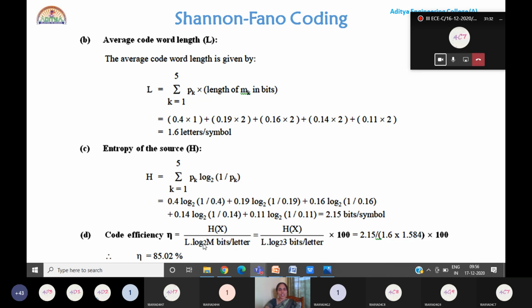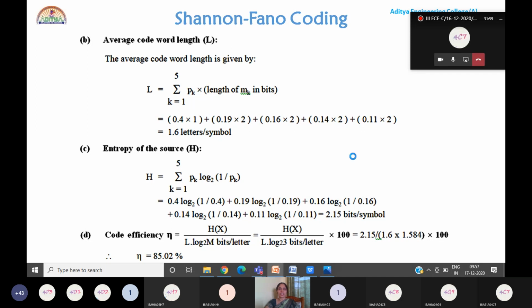This is because the denominator becomes log 3 base 2 instead of log 2 base 2. So what is the conclusion that you can say here? As and when the partition value increases in the Shannon-Fano coding method, the efficiency will reduce a lot. It reduces by a factor of 10% in this example.